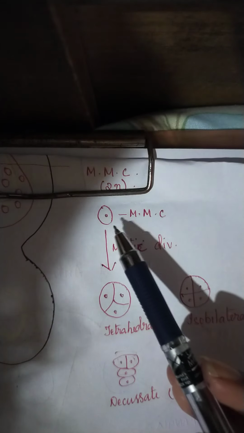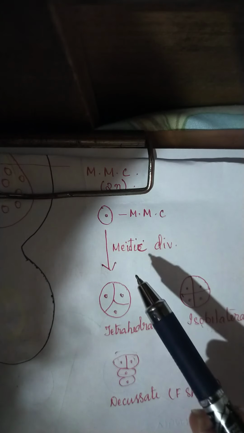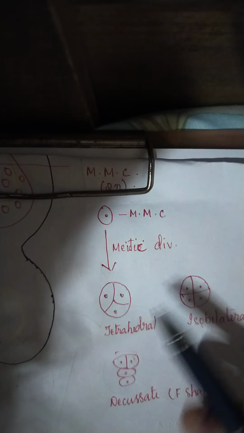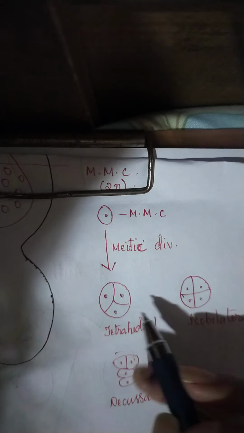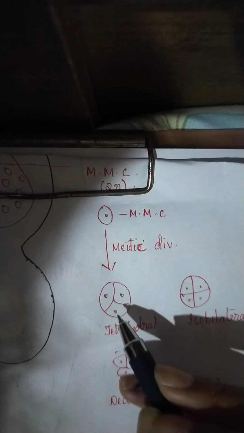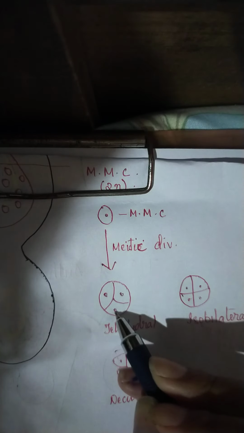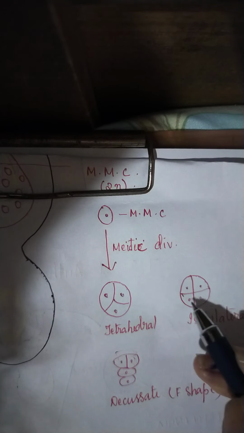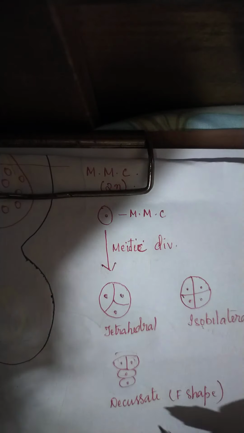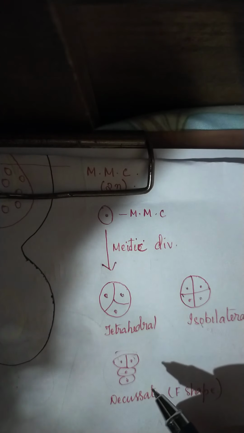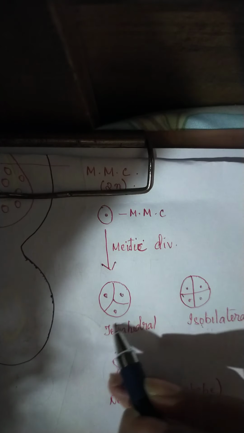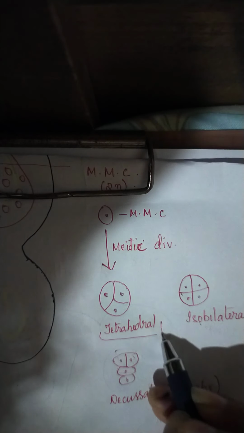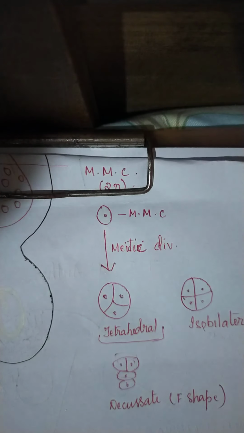These microspore mother cells undergo meiotic division and give rise to 4 cells. Now, in the tetrahedral, this is the first, second, third, and 1 at the back. In the isobilateral it is 1, 2, 3, 4, as we can see, and in the decussate 1, 2, 3, 4. But in angiosperms, the tetrahedral is the most common.